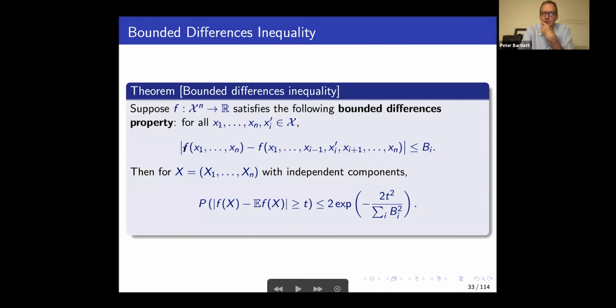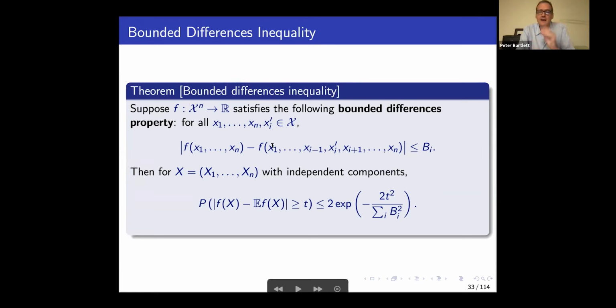Well, if we think of that function as taking its n inputs, and these are going to be the independent random variables, the crucial property is that if I take those n inputs for any value of them and substitute a new value for one of them, so all the ones up to i minus 1 are the same, and the ones from i plus 1 on are the same, and I've changed the ith one, then the value of the function changes by no more than bi, let's say. That's the bounded differences property, if this is true uniformly across all of the possible inputs this function could take.